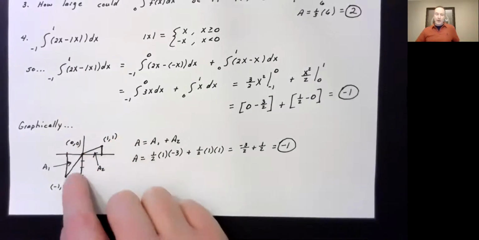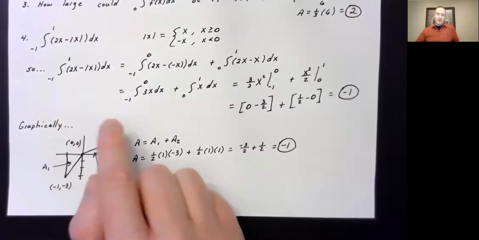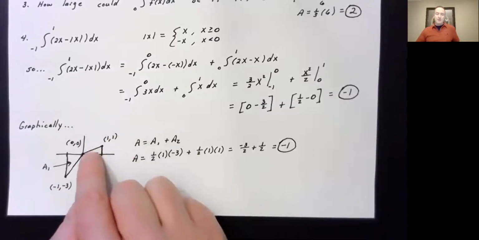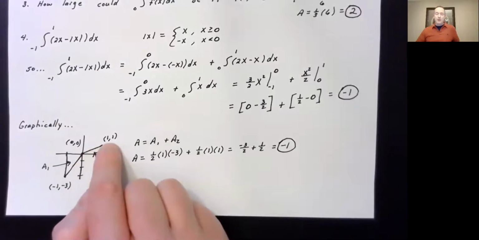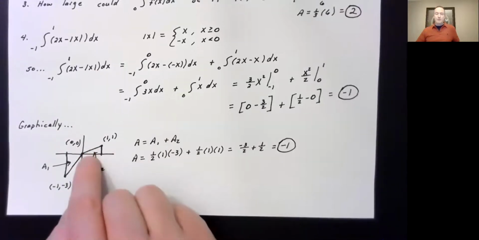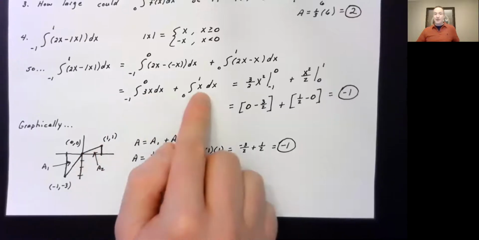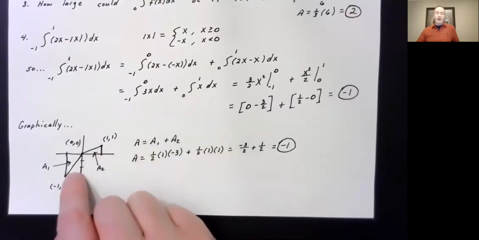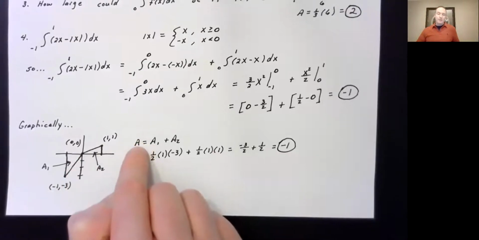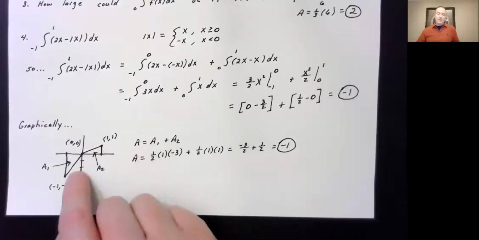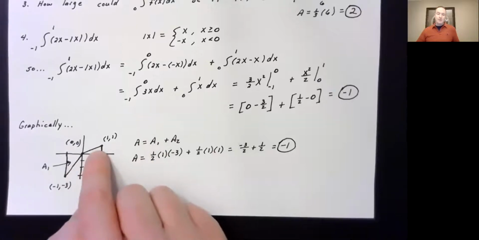So then I drew out the line that gives me the region from -1 to 0. I drew out the line that gives me the region between 0 and 1. This one had a slope of 3. This one had a slope of 1, just like I knew it would have. Now, in that first region, you can see, I put for the overall area A, I broke it into region A1 and region A2.